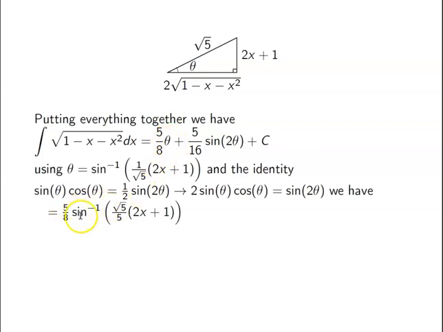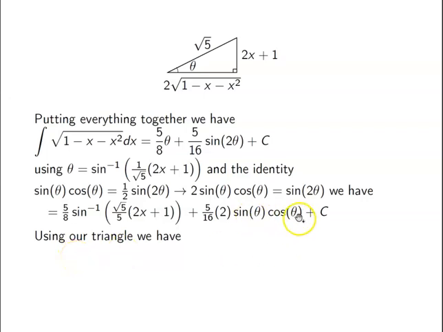So 5/8 times sine inverse of root 5 over 5 times (2x plus 1). This is me rationalizing the denominator, plus 5/16 times my 2 sine cosine, which is what I got for the sine of 2 theta, plus c.